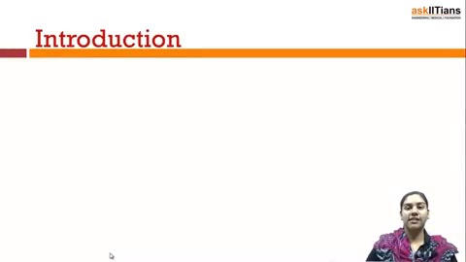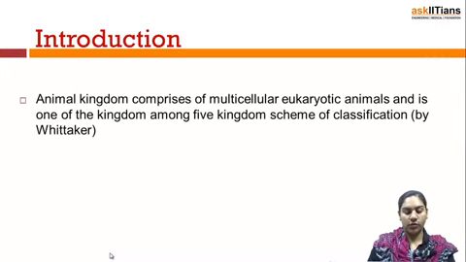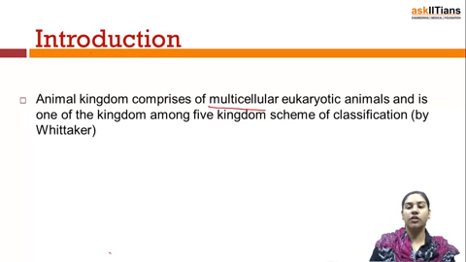So let's start. Now we'll start off with what comprises the animal kingdom. The animal kingdom comprises multicellular eukaryotic animals, and it is one of the 5 kingdoms given by R.H. Whittaker.